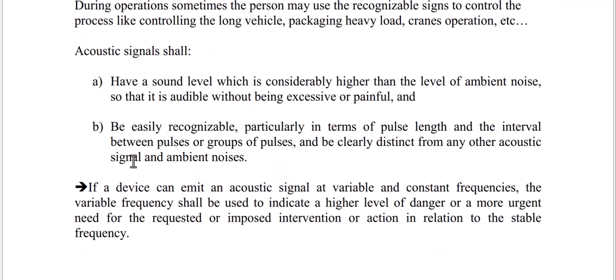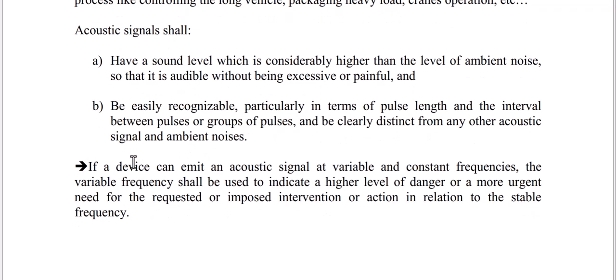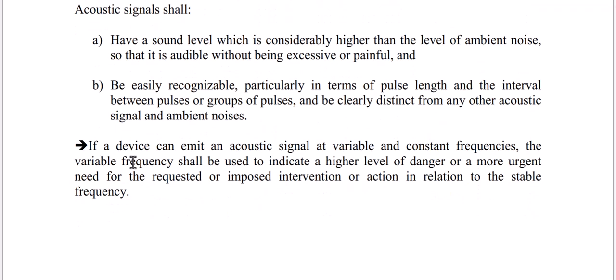And this acoustic sign must be commonly understood, must be clear, and must overcome the environmental sounds or frequency. That means you can be producing a certain acoustic sign, but that acoustic sign is overcome by the environmental noises.